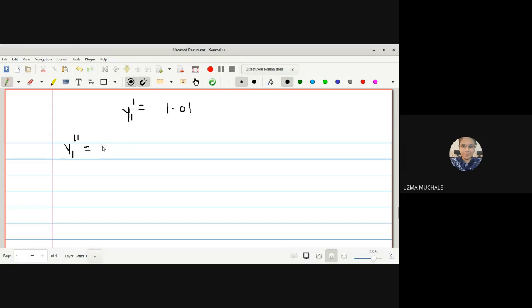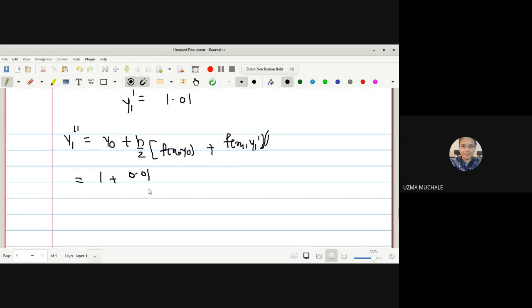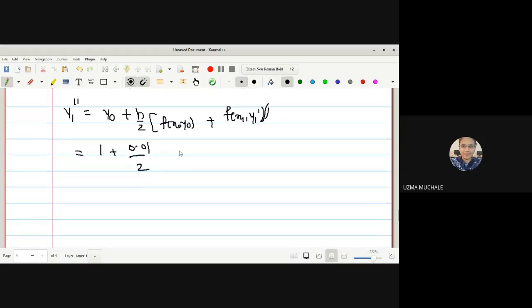This is what we are finding, the very correct answers of y1. With the help of approximation, we are reaching for the correct answer of y1. y1'' is y0 plus h by 2 into f of x naught y naught plus f of x1 y1'. Here y naught is 1, plus 0.01 divided by 2, f of x naught y naught, that is x naught square plus y naught, plus x1 square plus y1'.